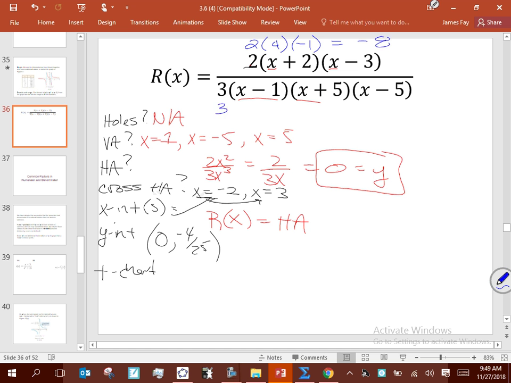Down here, plug 2 in, I get 2 minus 1, which would be 1, times 7, times negative... oh, my fault, yeah, it's 2 minus 5, negative 3. That makes more sense.